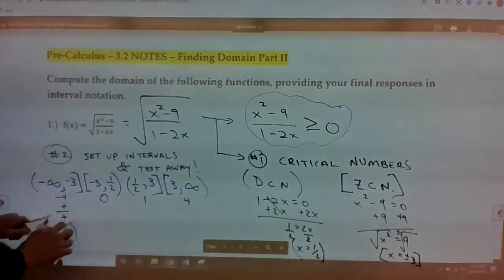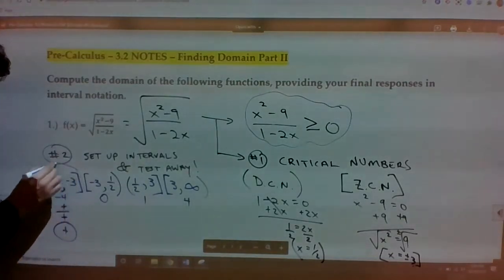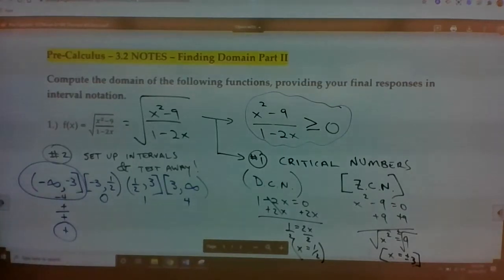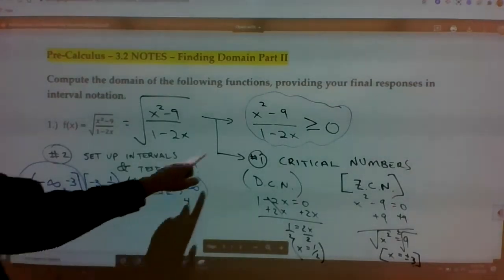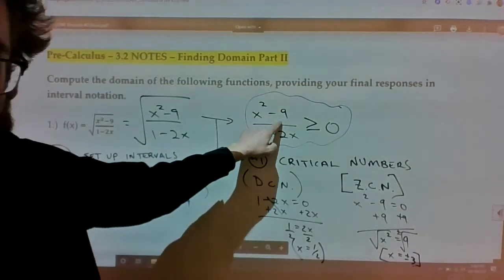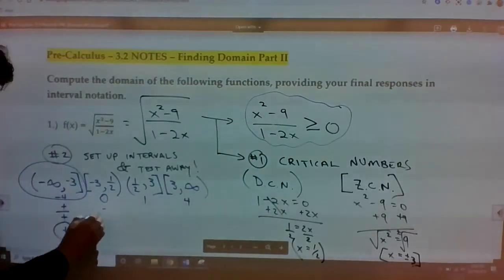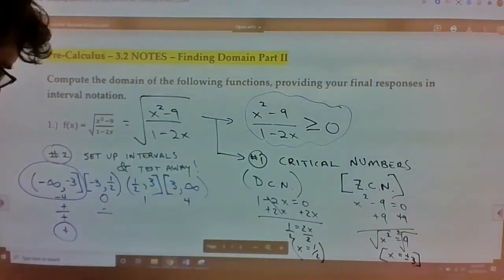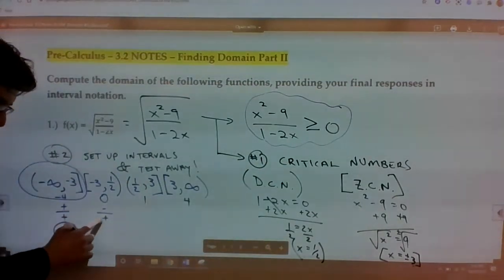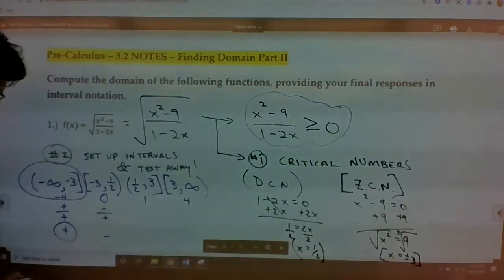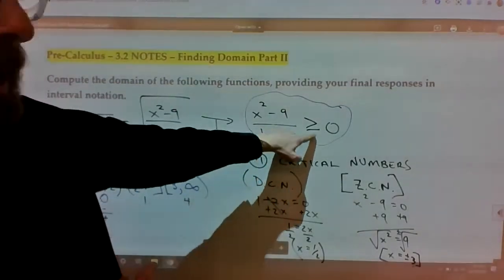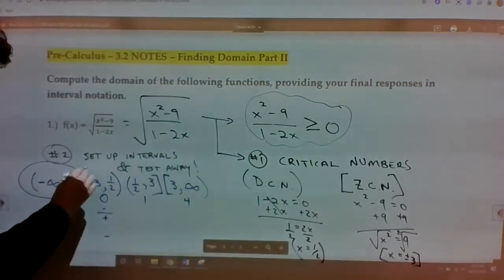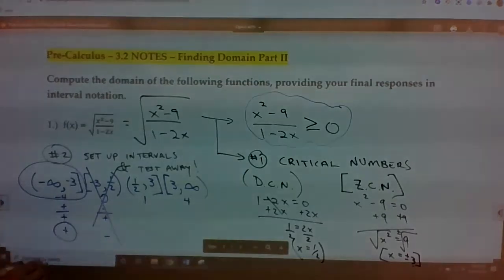Because it's positive, this remains in the domain set. If you try 0, you're going to get 0 minus 9, which is a negative, divided by 1 minus basically 0, which is positive. A negative divided by a positive is a negative value. A negative value would not be greater than or equal to 0, so this whole interval is disregarded.